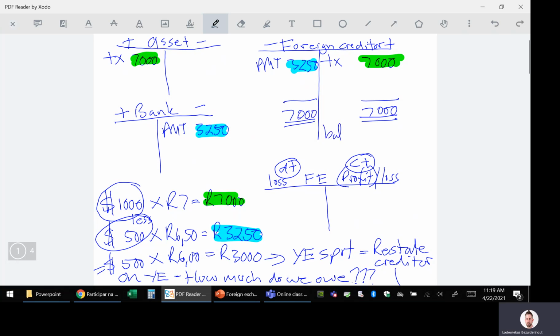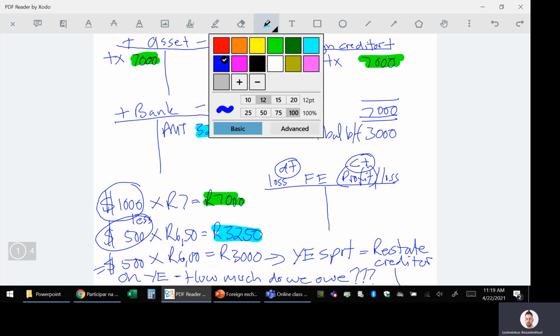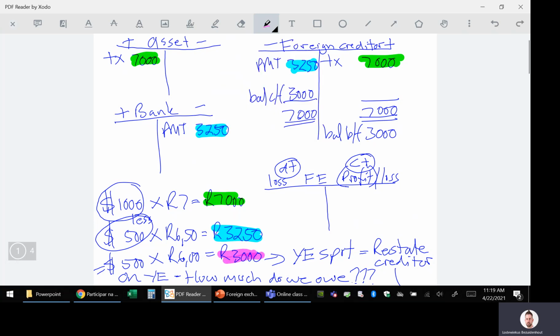Our balance brought forward and the balance carried forward should be the 3,000, because we need to show the year-end balance for this creditor as 3,000. So that 3,000 is our balance of the creditor on year end.